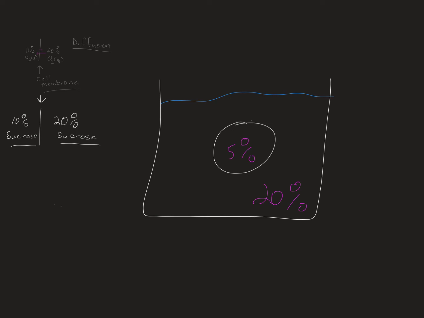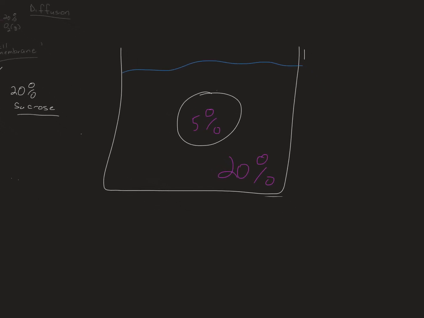Now the solute won't move, it can't move. If the solute does not move across the membrane, in this case sucrose is polar and big, so it can't cross the membrane.